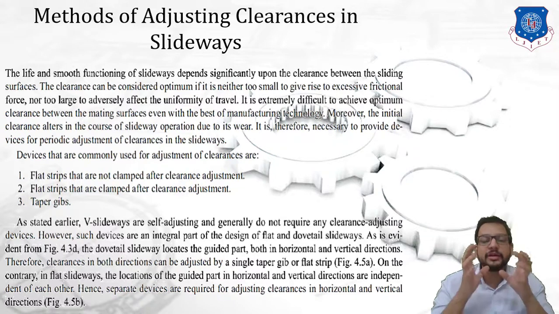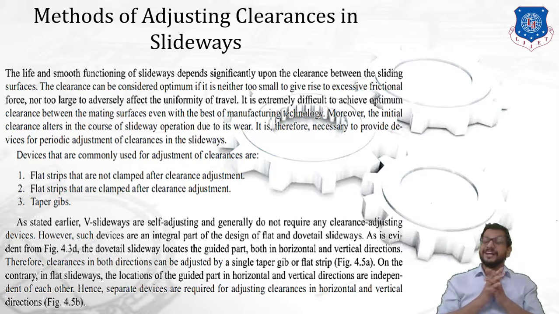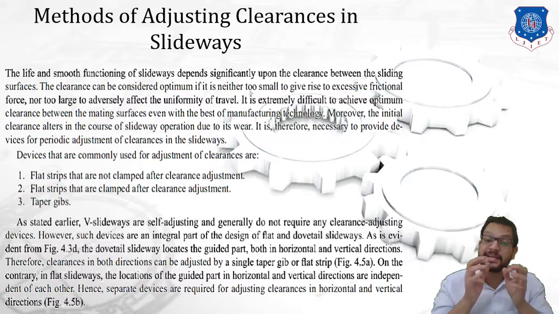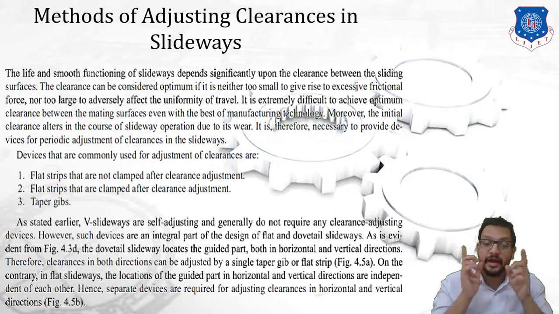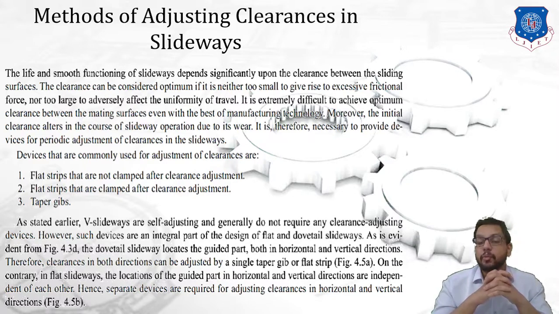Therefore, clearance in both directions can be adjusted by a single taper gib or a flat strip, which we are going to see in a diagram. On the contrary, in a flat slideway, the locations of a guided part in the horizontal and vertical directions are independent of each other. Hence, separate devices are required for adjusting clearance in horizontal and vertical directions.